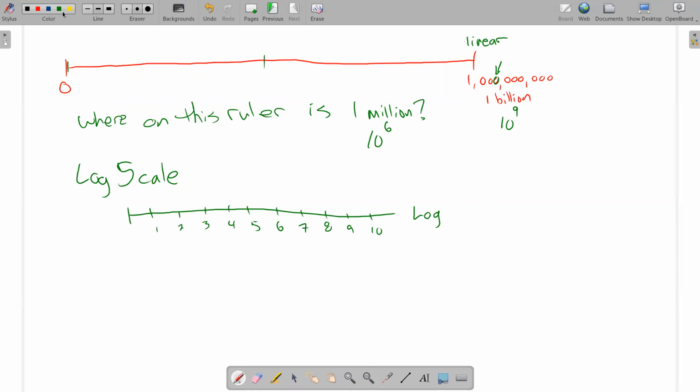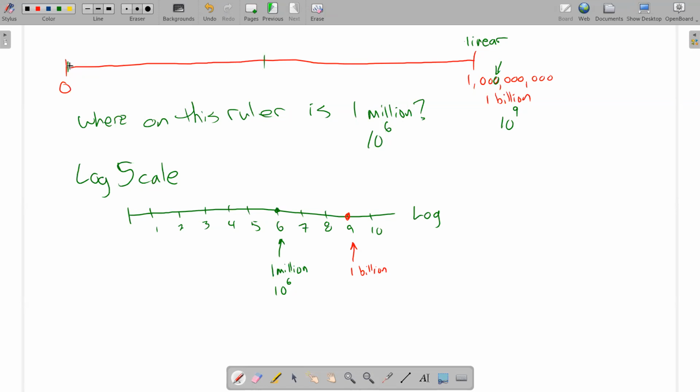So on a log scale, 1 billion would live right here. 10 to the 9th, I just plot the 9, the power. So on a log scale, that right there is 1 billion. The million is 10 to the 6, so on a logarithmic scale, 1 million lives right here. Why does it live there? Because it is 10 to the power 6, and we only worry about plotting the power, not the whole number.